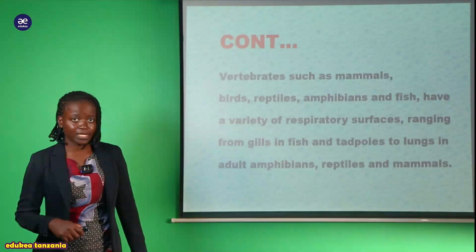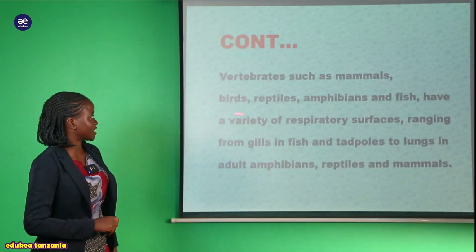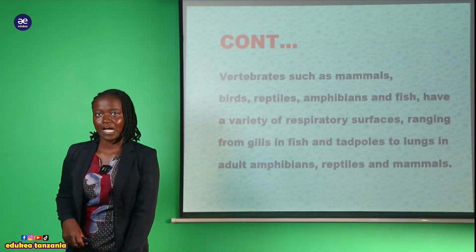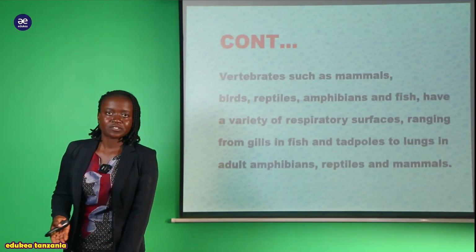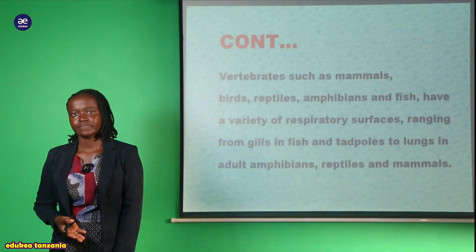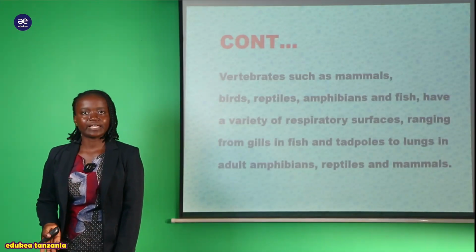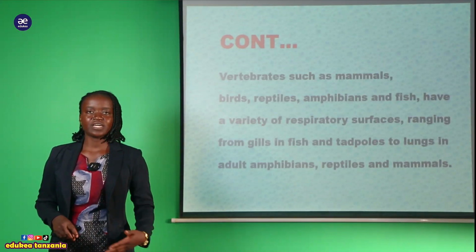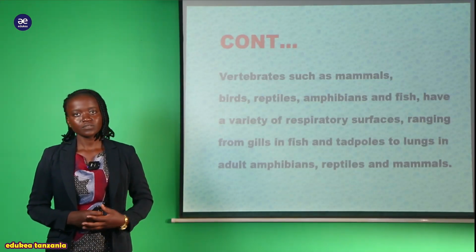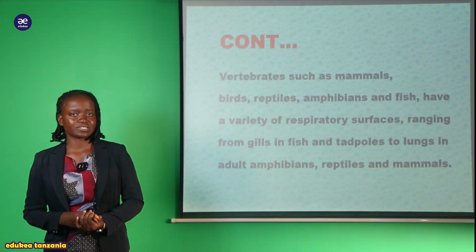But not only birds, in the vertebrates we also have reptiles, and when we are talking about reptiles, we are talking about the lizards and the crocodile. All of them lie under reptiles. So how do they breathe? That is what we are going to discuss here.